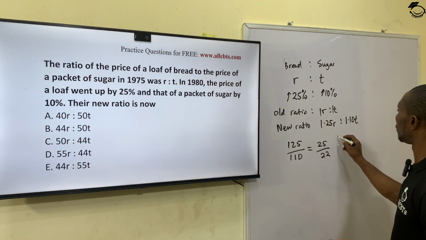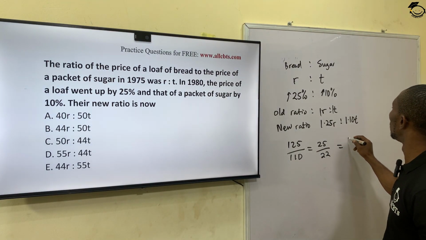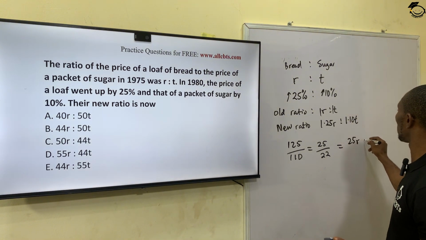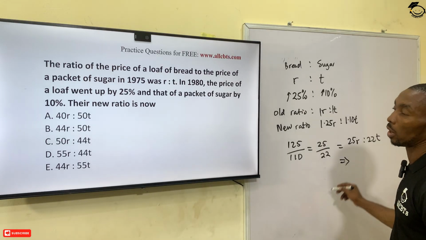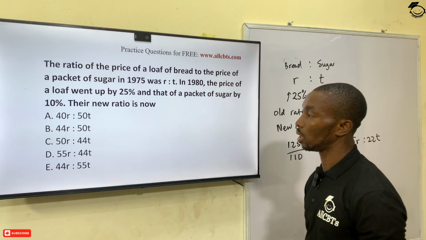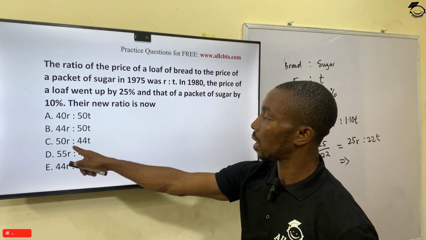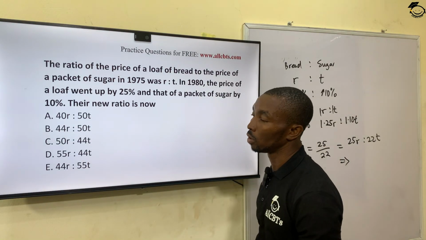So this gives us 25R is to 22T. Which from our option, our question here would be 50R is to 44T.